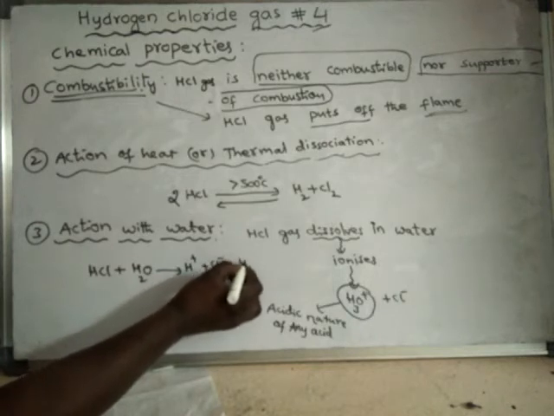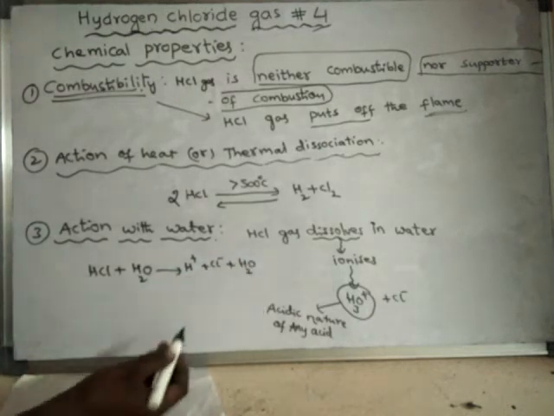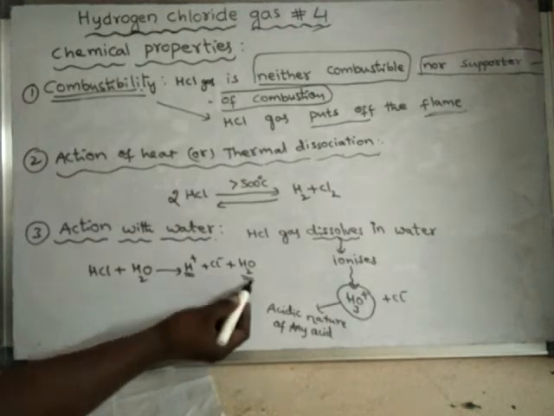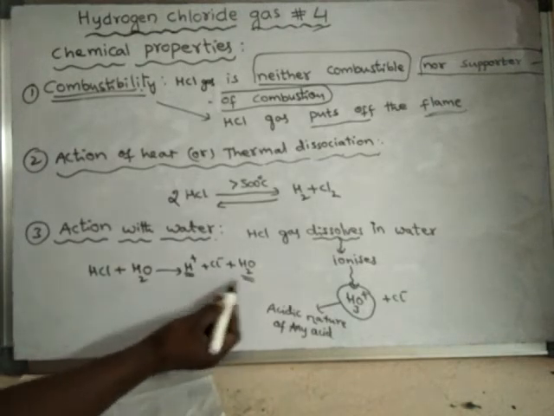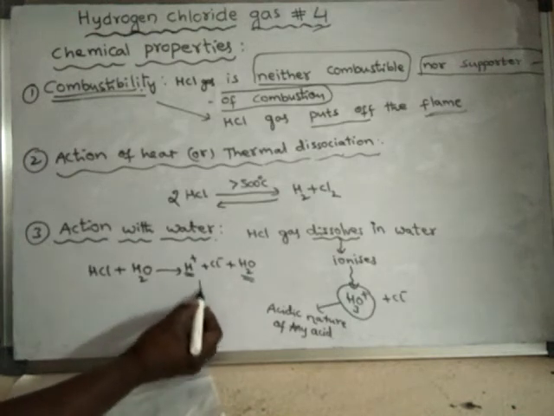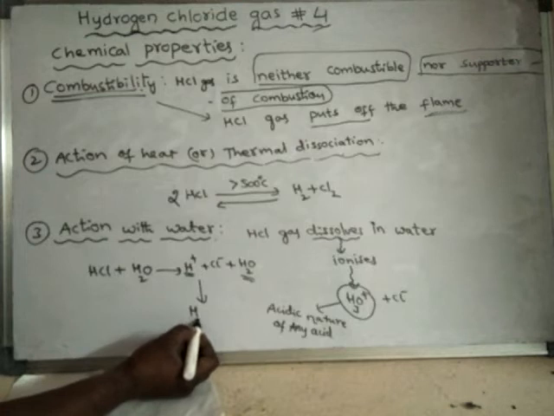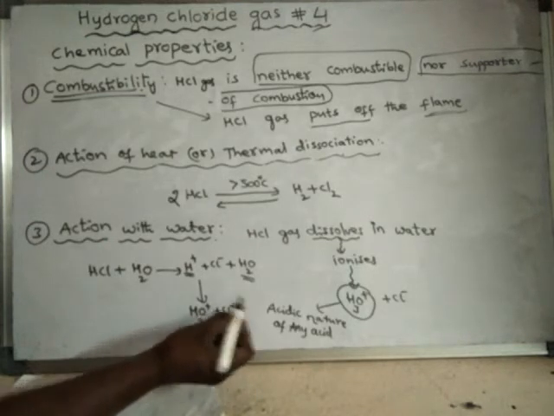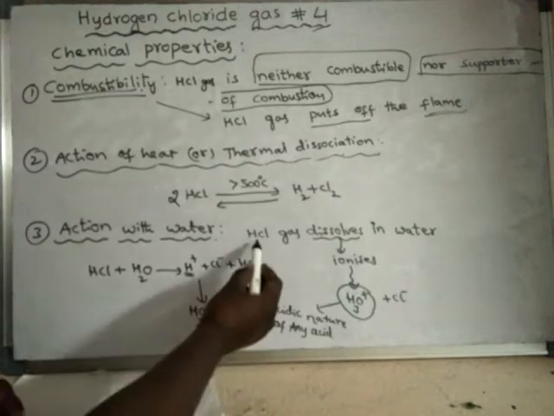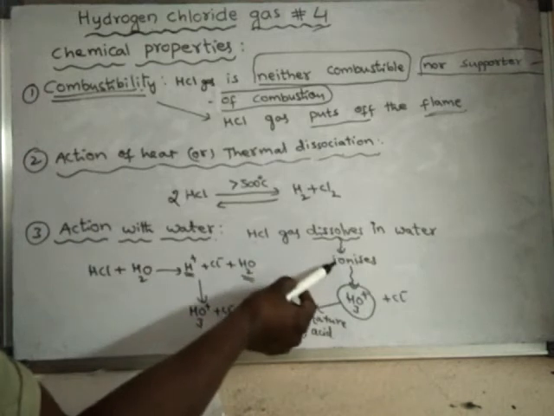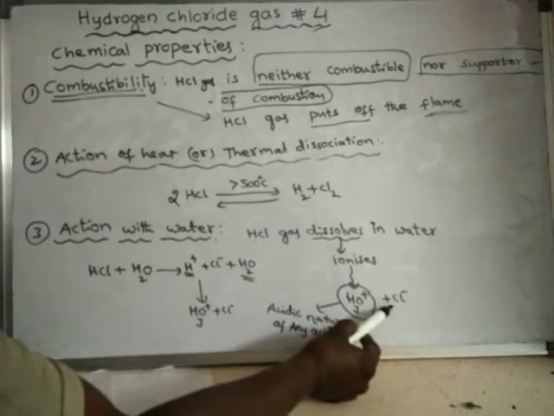Now always remember that when H plus ion is present in water, immediately both of them will combine to form H3O plus, with Cl minus there. So when HCl gas is dissolved in water, it ionizes to form H3O plus and Cl minus ions.